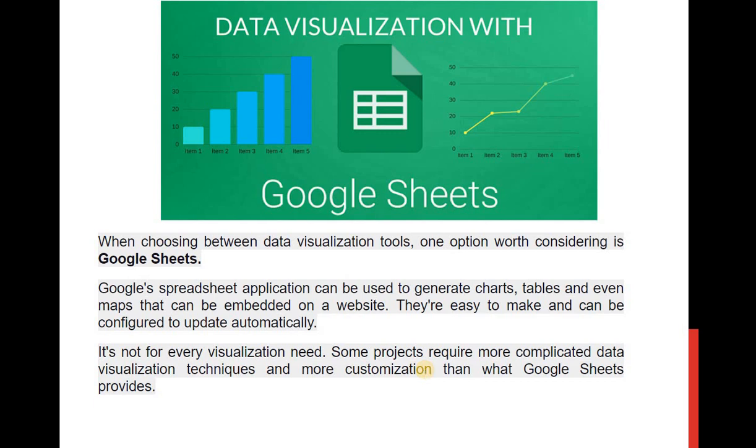For Google Sheets, there are also a lot of tools, but most of them are internet-based and, should I say, summarized or much simpler as compared to Excel, since the changes that happen are seen in real time. The Google Spreadsheet application can be used to generate charts, tables, and even maps that can be embedded on a website. They're easy to make and can be configured to update automatically.